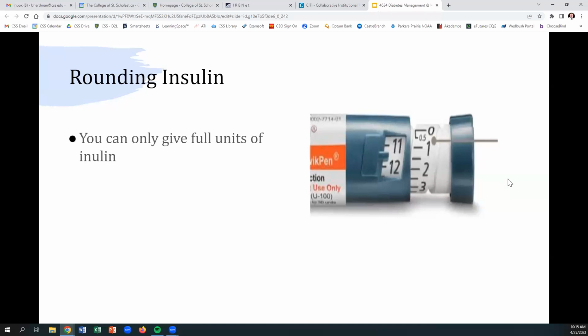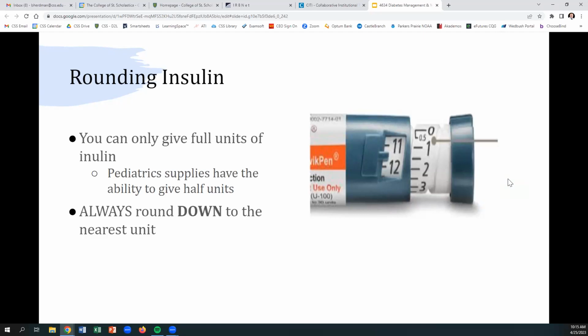Another thing to remember is you can only give full units of insulin. Pediatrics have the ability to give half units, but that is a very specialized population. Other than that, we only give whole units of insulin, and we always round down. If anything, we always round down.